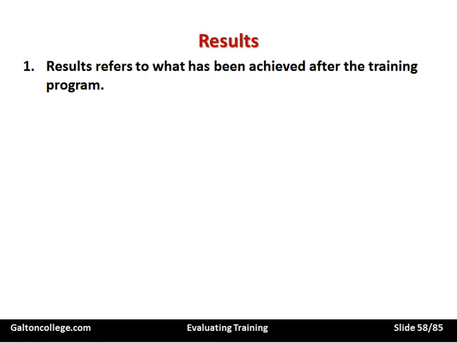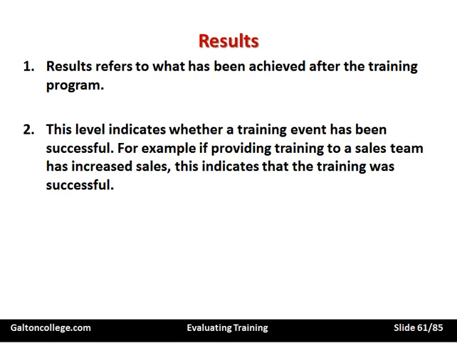Now the results. Well, results refer to what's been achieved after the training program. So what was the true outcome of the training program? This level indicates whether a training event has been successful. For example, if providing training to a sales team has increased sales, this indicates that the training was successful.